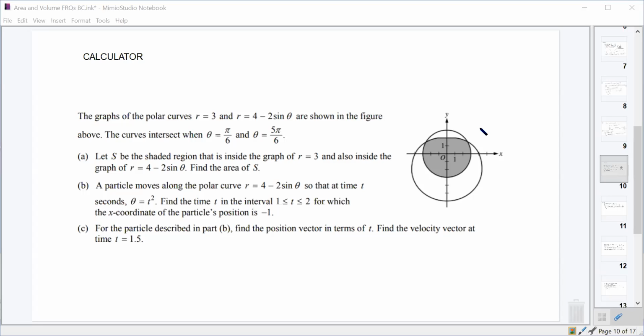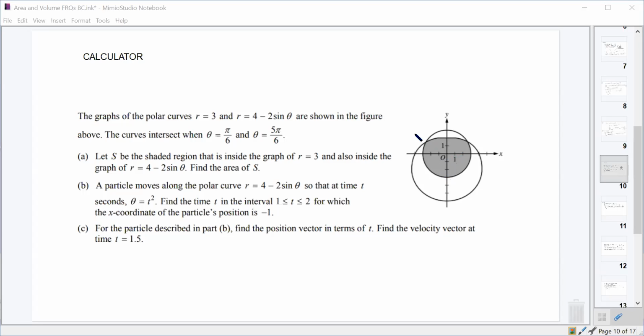let's see here. If we can do the area inside of our limacon from pi over 6 to 5 pi over 6, we should just be able to add to that the section that is, what is it, 2/3 of that circle, right?